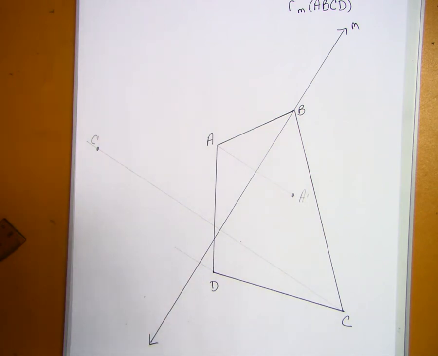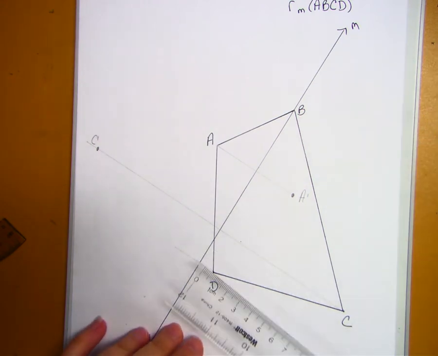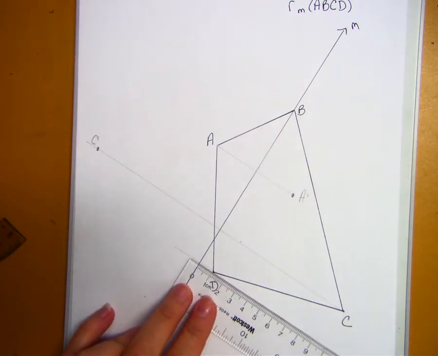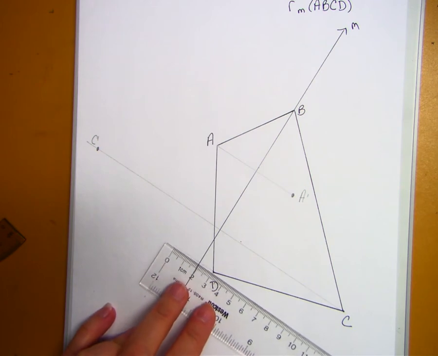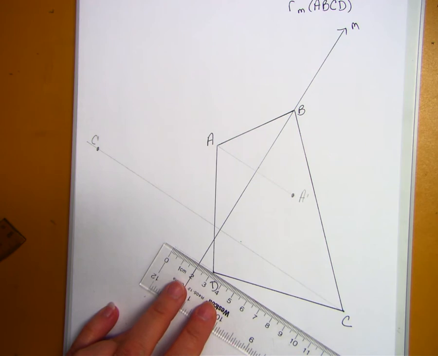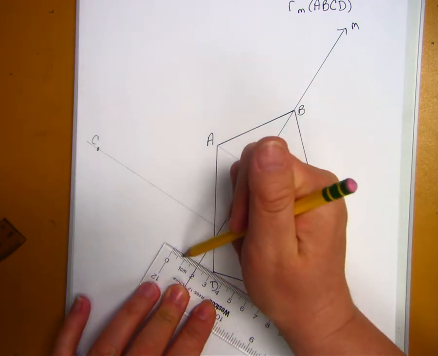And now I'm going to measure the distance between the line and D. It is about 1.1 centimeters. I need to move 1.1 centimeters in the other direction. So line it up with 2. 2 to 1 is 1.1.